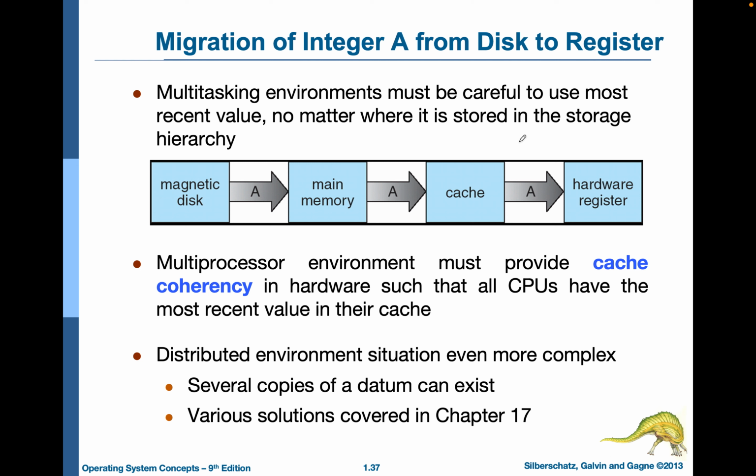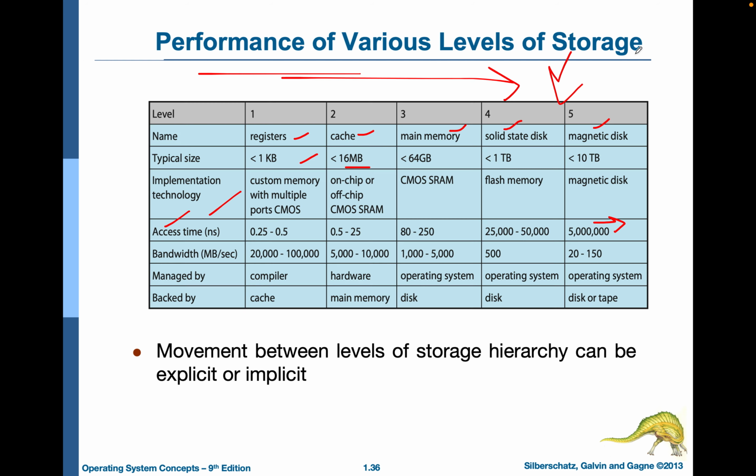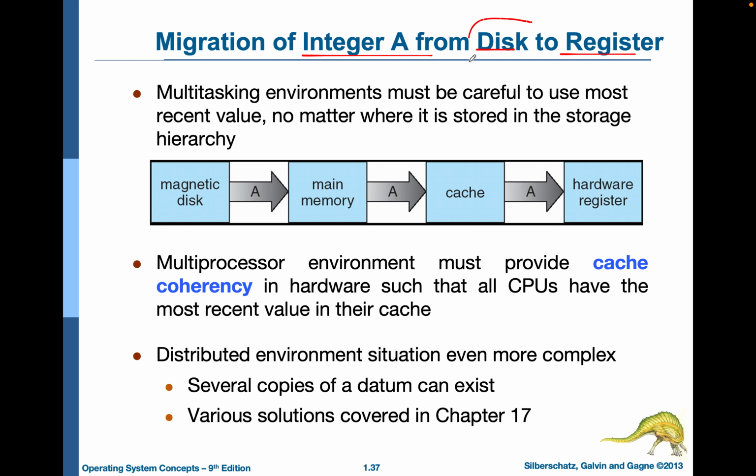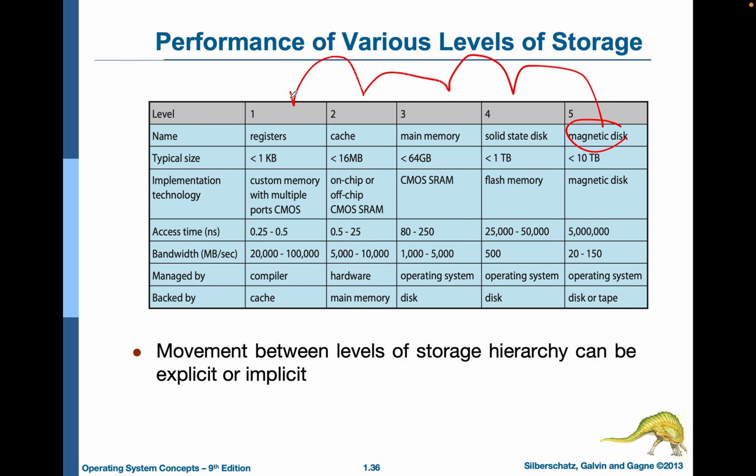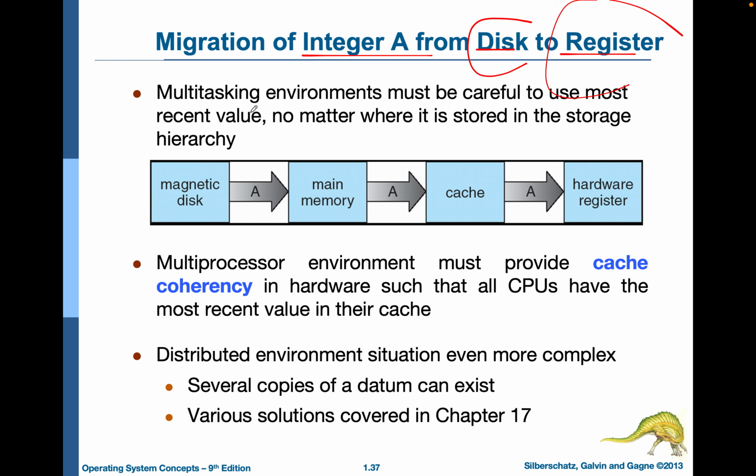Okay, next is migration of integer A from disk to register. So when you have the example of integer A, and you want to move it from your disk to register, what is happening? You can see from this to your register. You're going to go back to the lowest level, which is level 1.